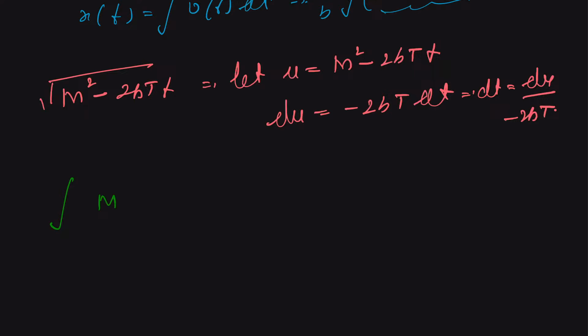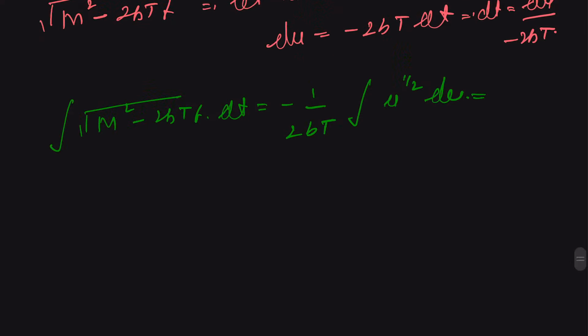We get the integral of the square root of m² minus 2bt dt equal to minus 1 upon 2bt times the integral of u raised to power 1 by 2 du. This gives us minus 1 upon 2bt, and the integration of u will be 2 by 3 u to the power 3 by 2.